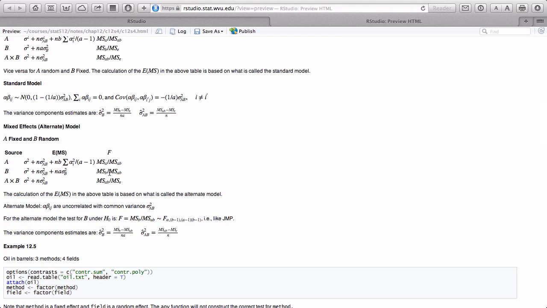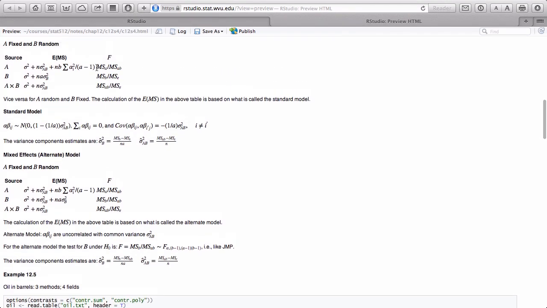So, what's the difference? If I look here for the standard model and here for the alternate model, what is the difference? There's only one. But look at the B term. What's its expected mean squared?